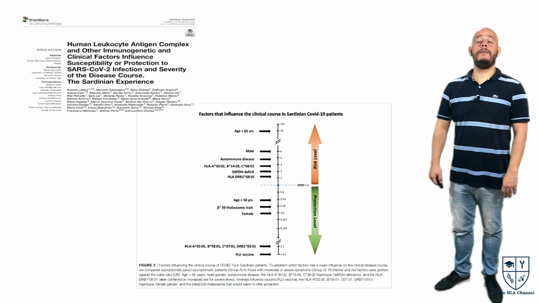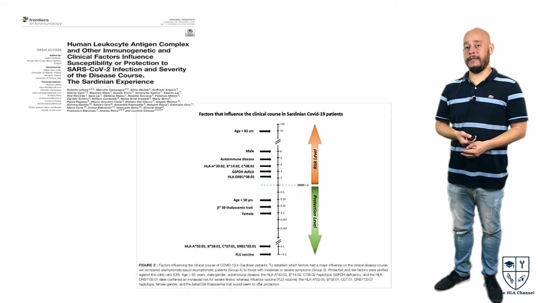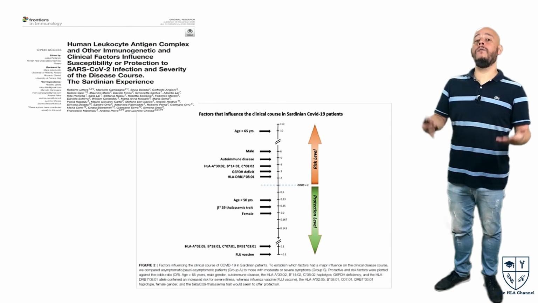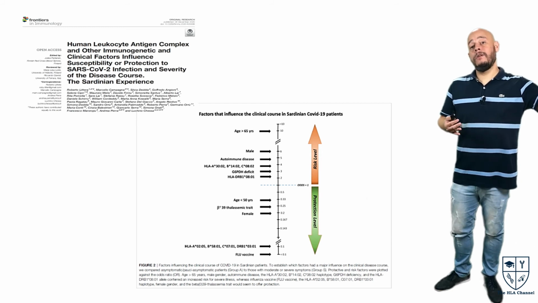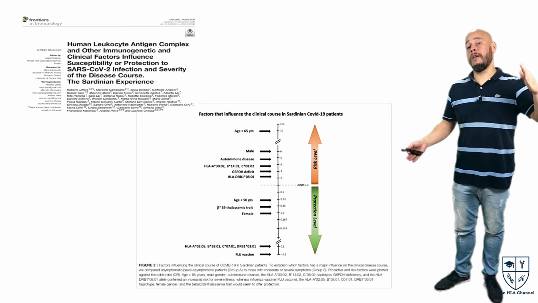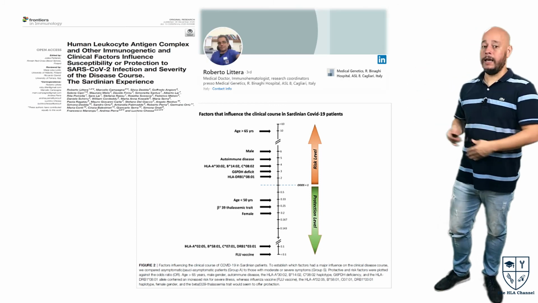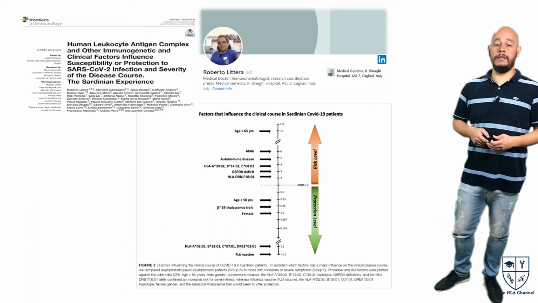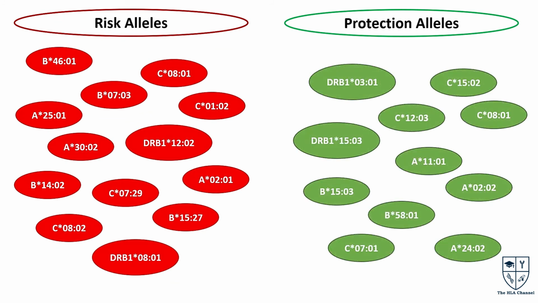Again, we have many factors that may influence COVID-19, and we always have HLA genes involved, either at the risk level or at the protection level, okay? But we always have HLA involved, as we can see again in this paper from Litera. To summarize, I included here all the risk alleles and protection alleles of HLA.